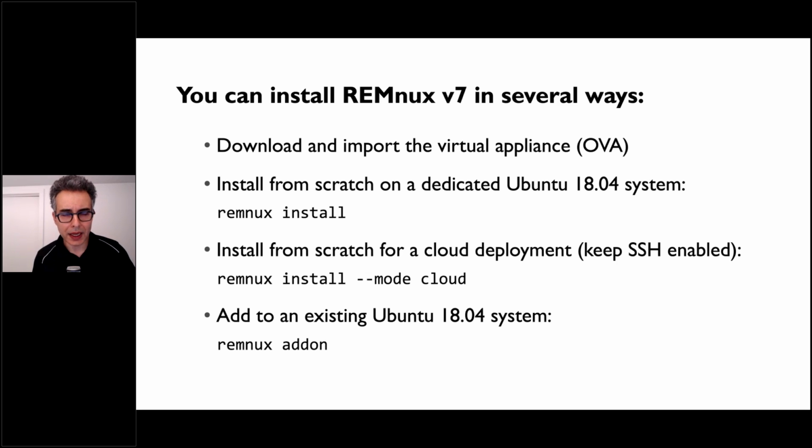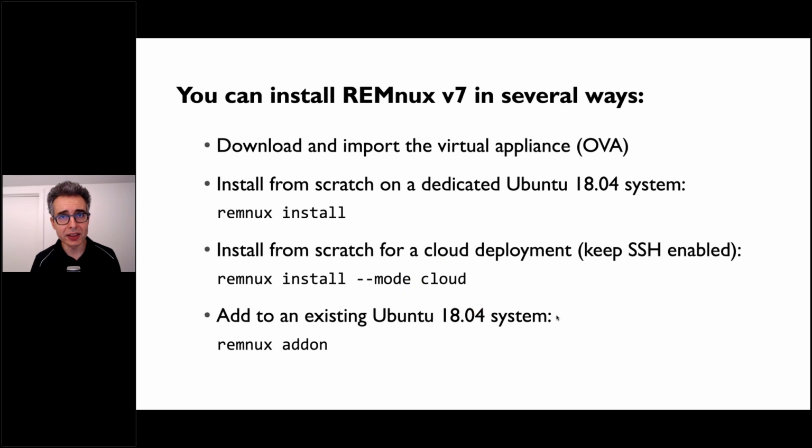Also, it is now possible to install REMnux in a way that's friendly towards cloud-based deployments. So you can either import an OVA file into your cloud-based environment, or maybe easier, set up a brand new Ubuntu 18.04 virtual machine in whichever cloud provider you prefer to use, and then use the REMnux installer. But in that case, remember to give it the parameter --mode cloud.